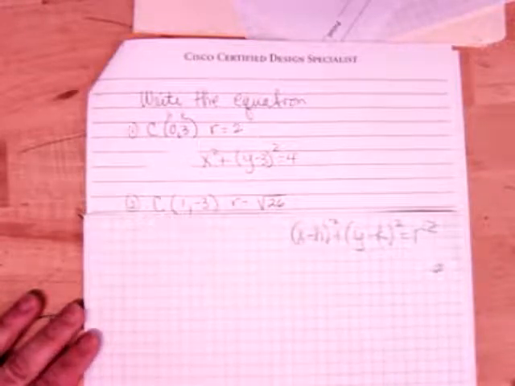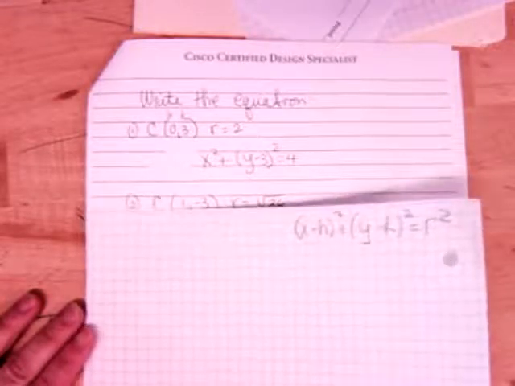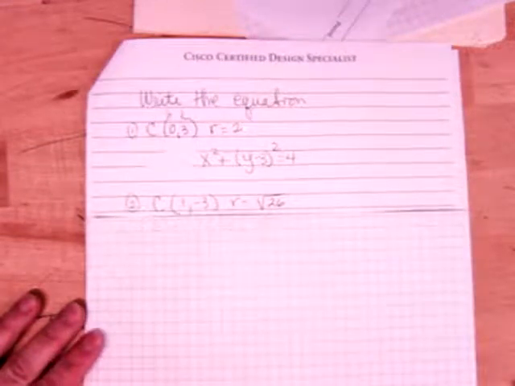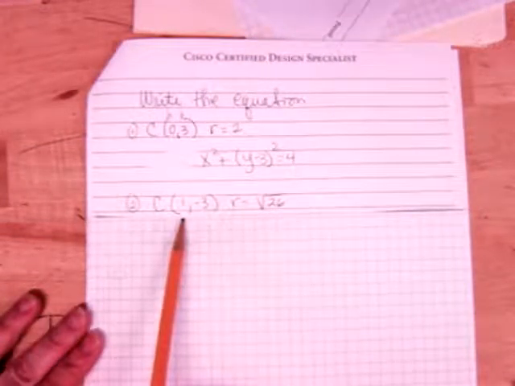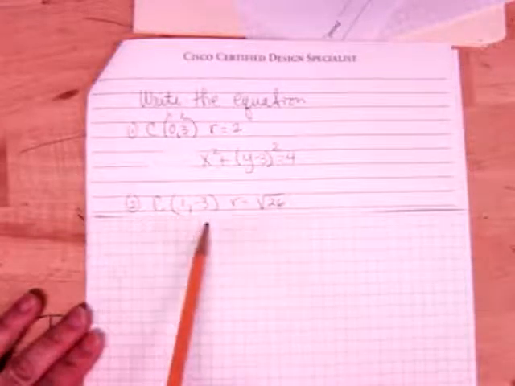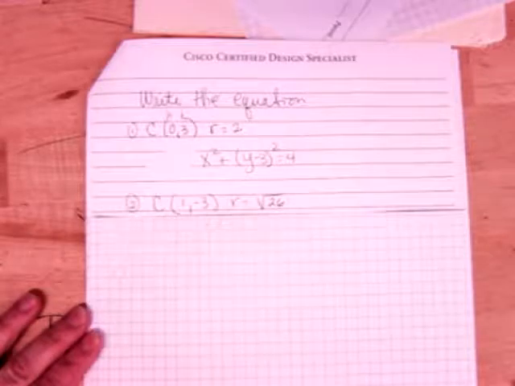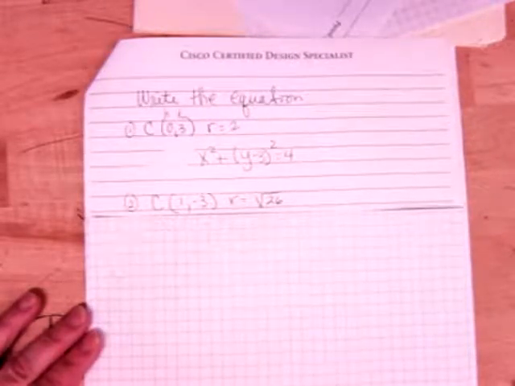And here's one where the radius is not an integer. It's a real number. So the center of the circle is located on the coordinate plane at 1, 3. Its radius, however, is the square root of 26. So what is the equation going to be?